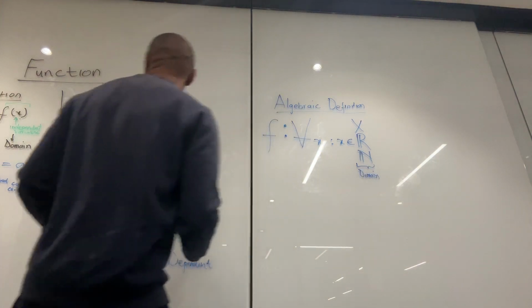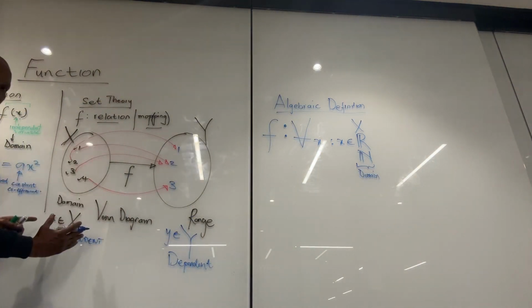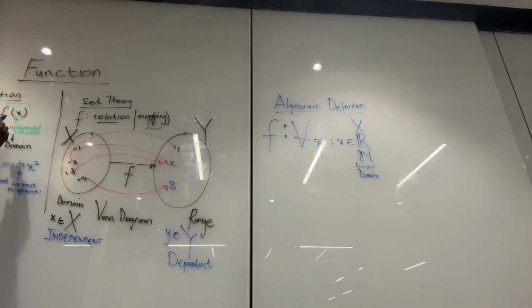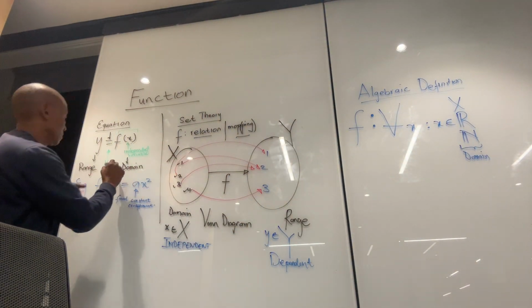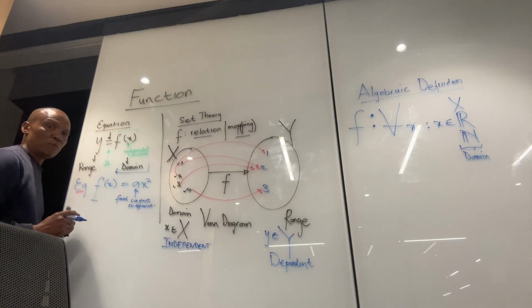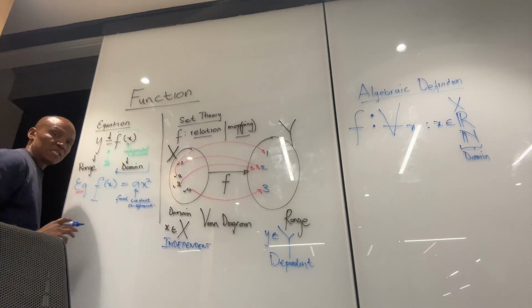Because of x. So if you look at this, we represented this as x, it's a domain. This is a domain. We're still talking about the domain, x, as an independent variable.